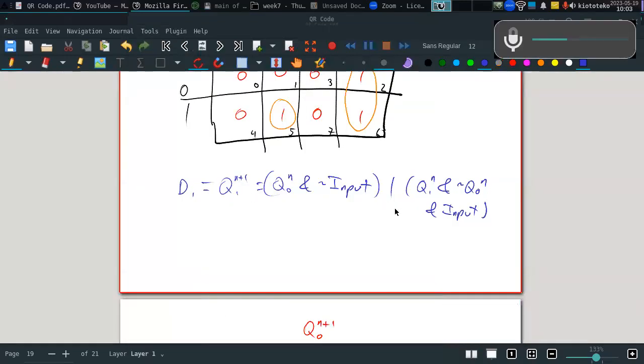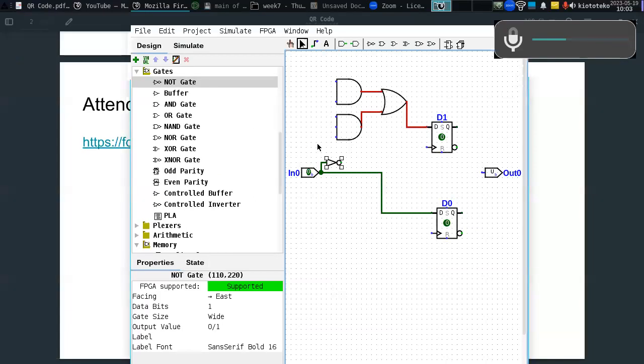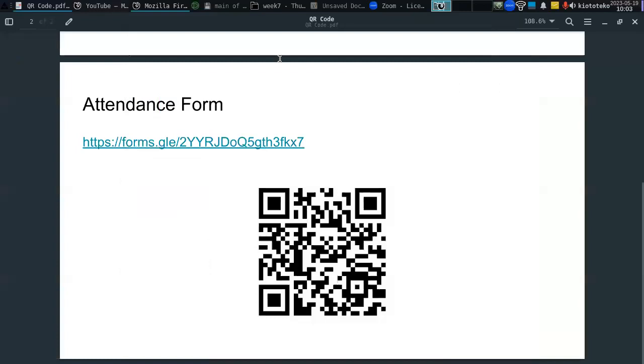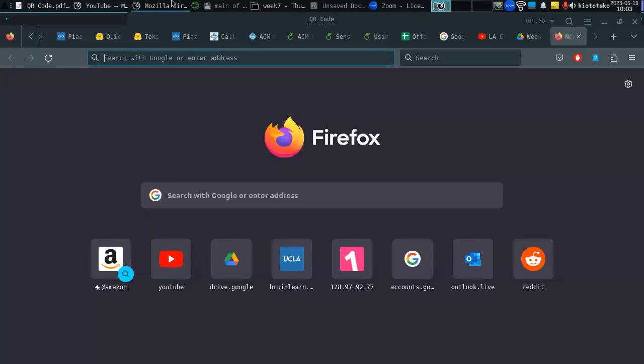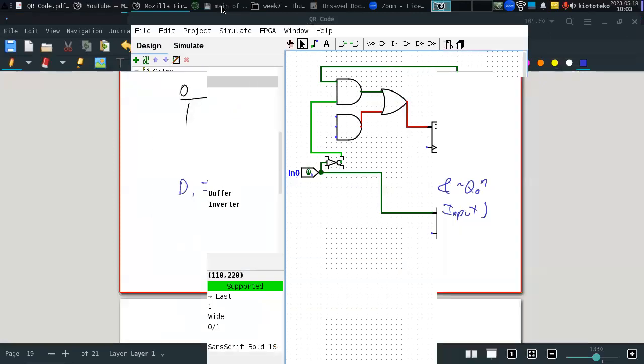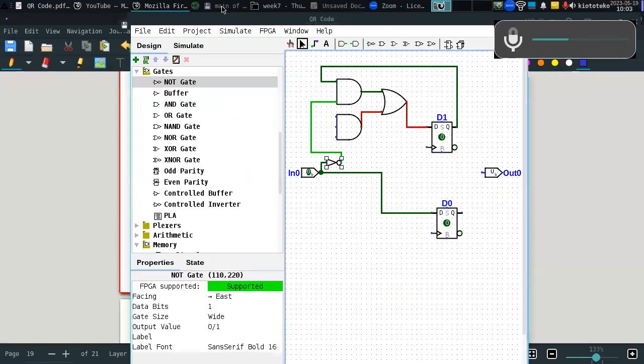And we see it's Q0 and not input. So this is a difficult one. Yeah, Q0 and not input, okay.